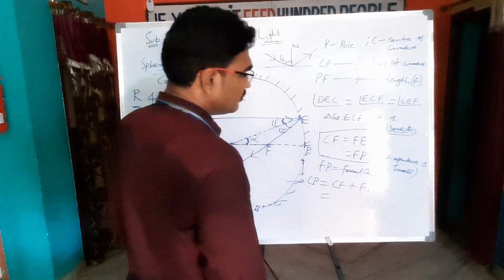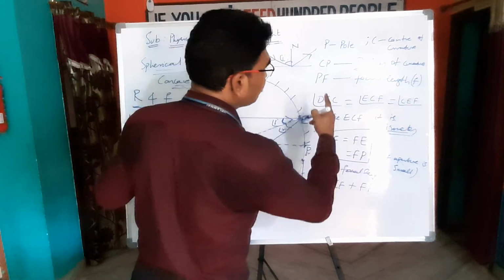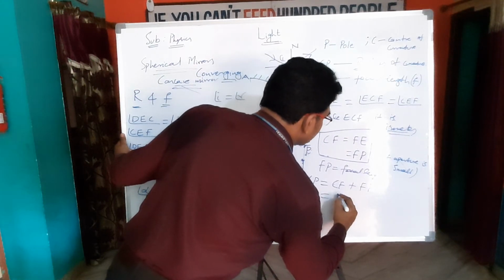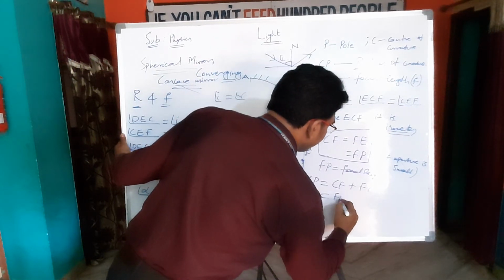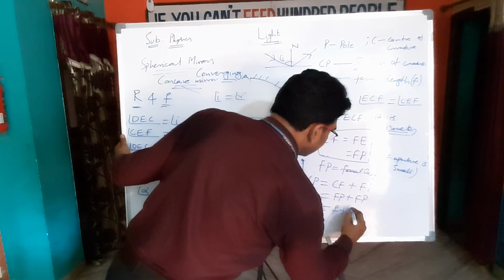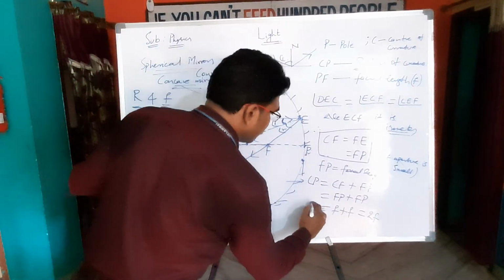I know FP is nothing but F. So in the place of CF I can write FP plus FP. Then I can say F plus F, that is equal to 2F. And already you know CP is nothing but R.